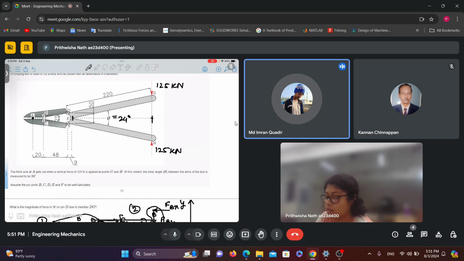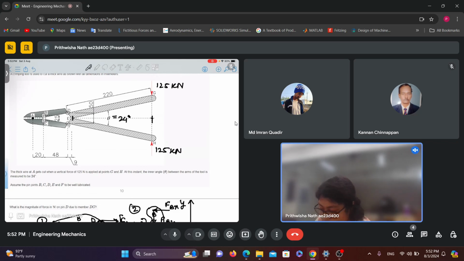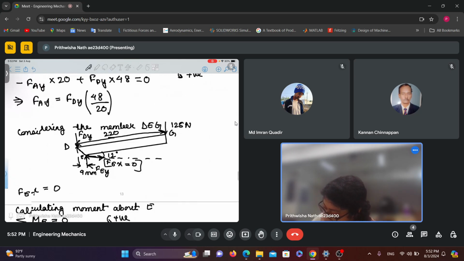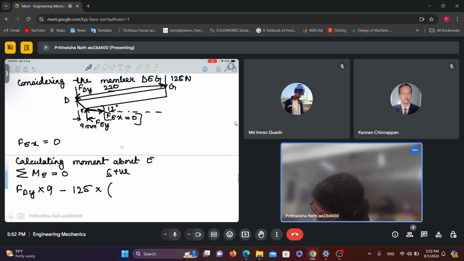That is not given. So this should be 220 cos 12 minus 9 equals to 0.